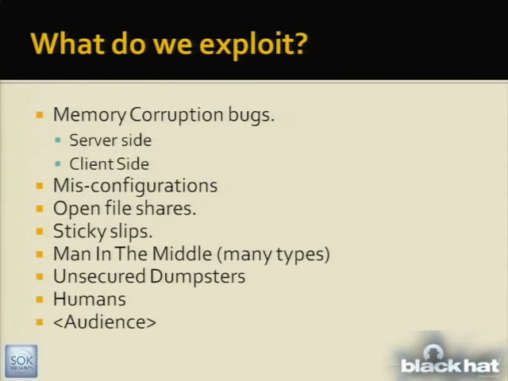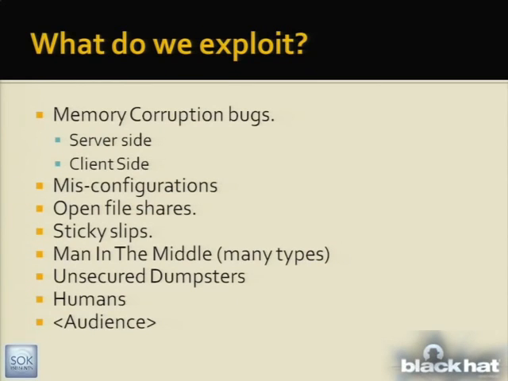So what do we exploit? We exploit memory corruption bugs, server side and client side. Client side is in. Big organizations are being breached using these client-side memory corruption bugs. Some misconfigurations. This is a very wide term, misconfiguration. Any custom application which is not configured properly, allowing you to do some nasty things.